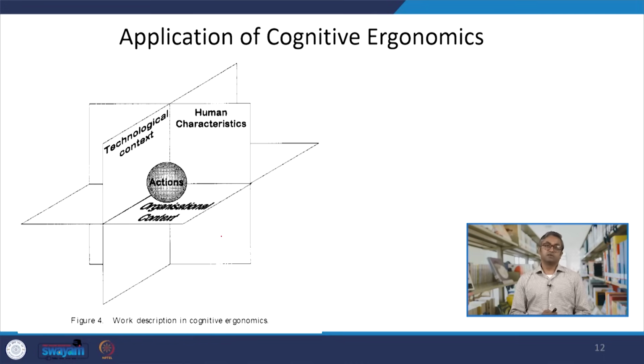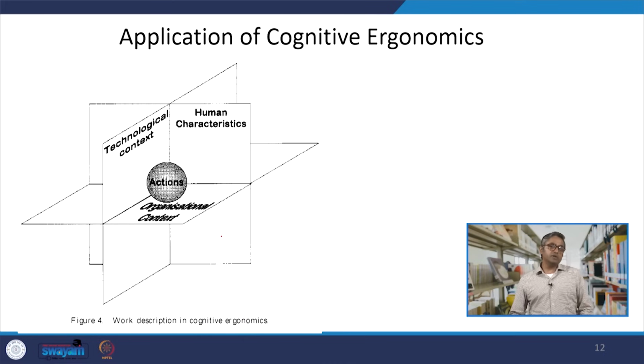So the first wall of support is human characteristics. What human characteristics are we referring to here? The human characteristics we are referring to here are human cognition, his cognitive abilities.